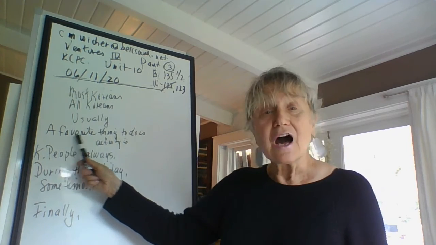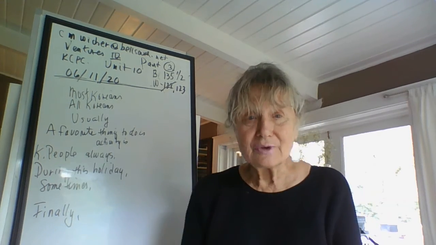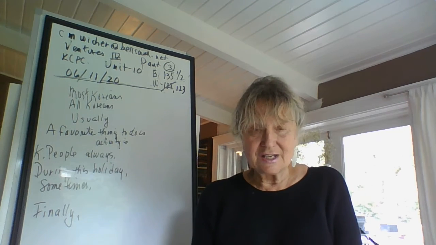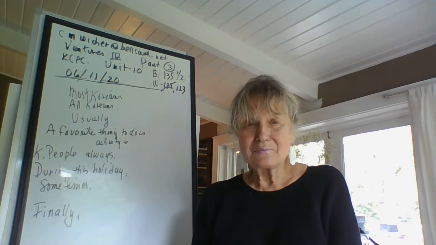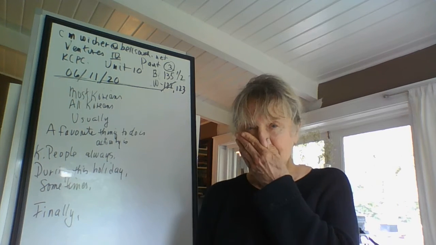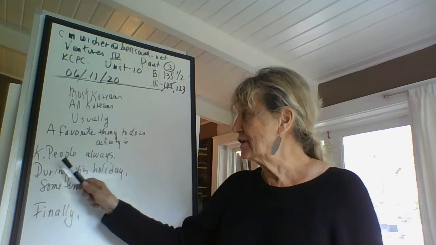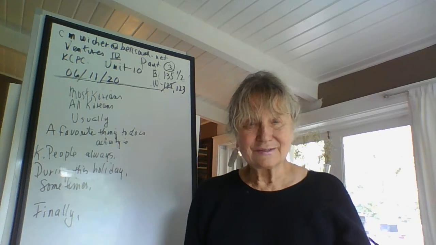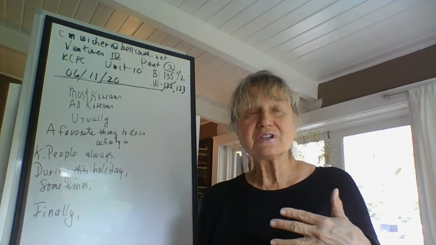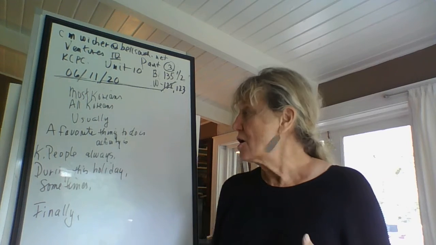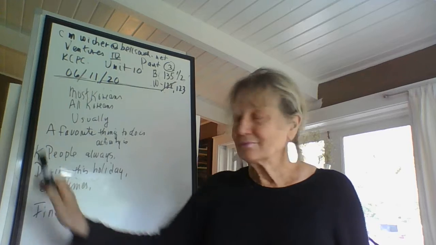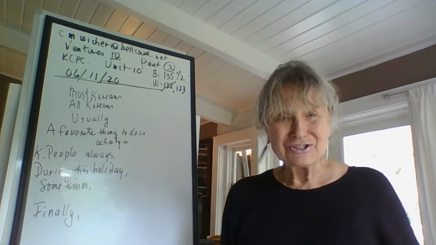The next one, a favorite thing to do is, or a favorite activity is, what is it? Good. The next one, Korean people always, and here you would not use a comma, or people always, or Koreans always.